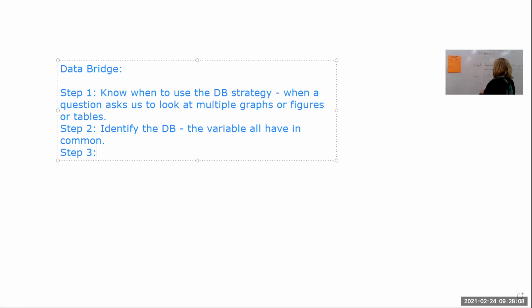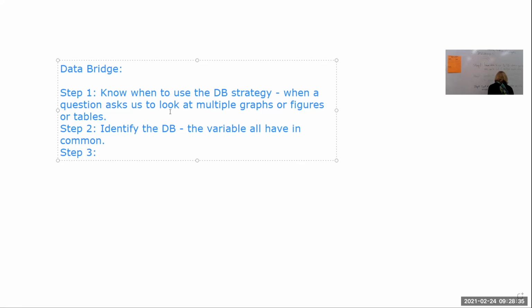All right. So let's write this. Step 3, look at the variables in the question and in the answer choices.